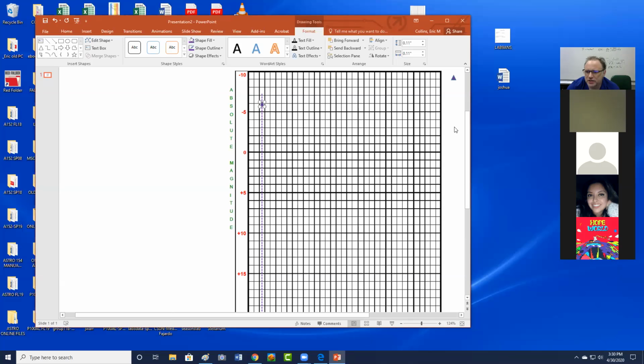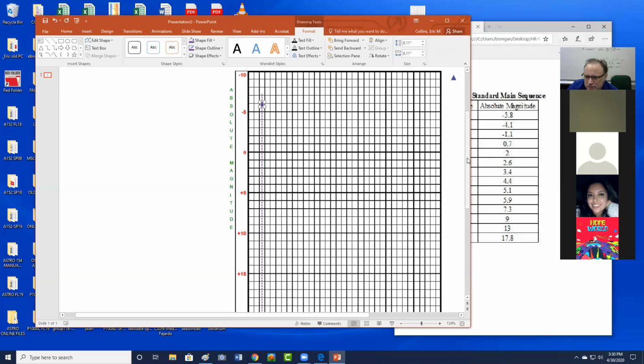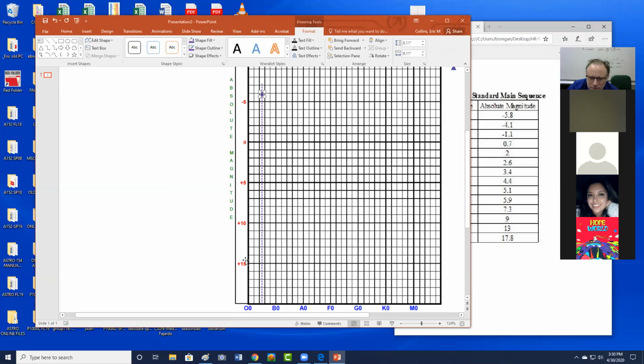All right, so now let's go to the next point to plot. Our next point to plot is B0 and -4.1. So first I'm going to move my line over. These ones are a bit easier because they have, oh, I'm going to copy this and paste.